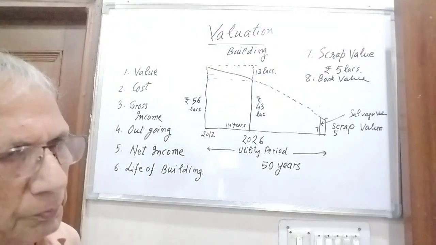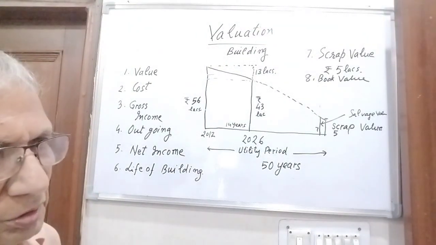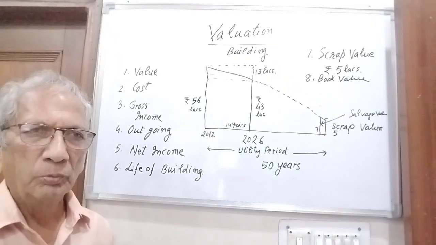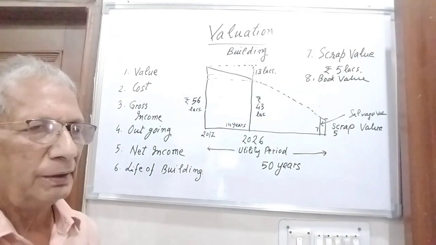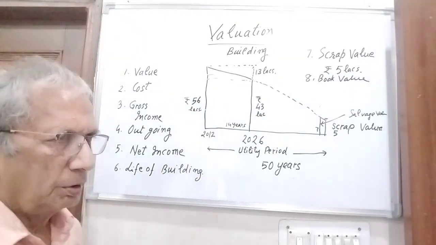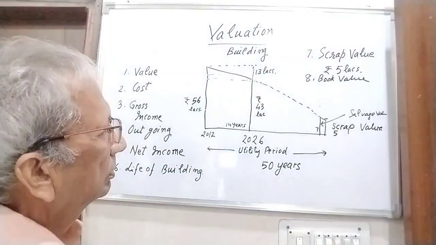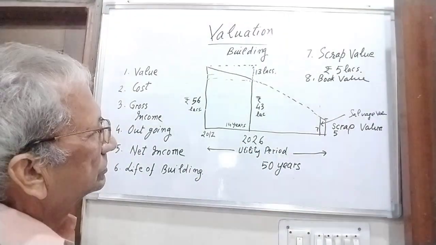But if we sell this building in the market, then it is not necessary that we will get book value like 45 lakhs. We will get market value. We will get value in the market, value of the building in the market, that is 43 lakhs.